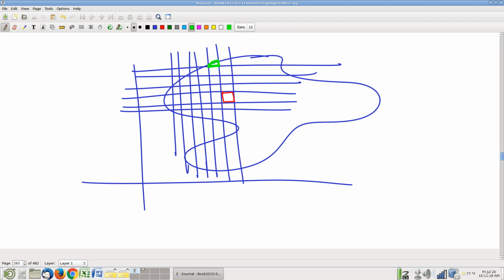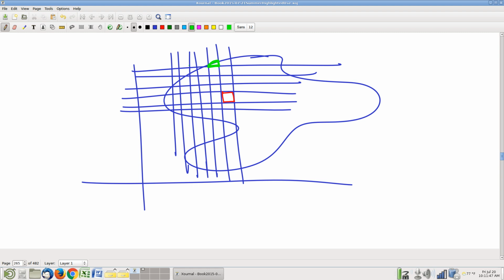But I appeal to your intuition: as I slice finer and finer and finer, pieces like that, that aren't rectangles, get smaller and smaller and less relevant, and in the limit as our slices go to infinity, they go away. That's just an appeal to your intuition. I think it's pretty believable.